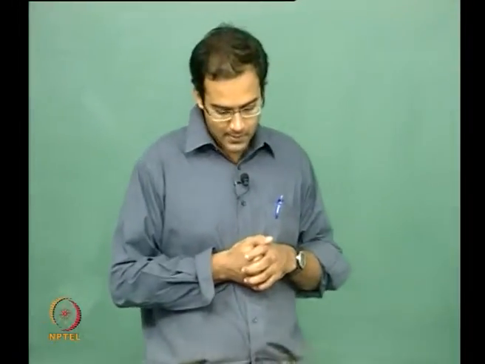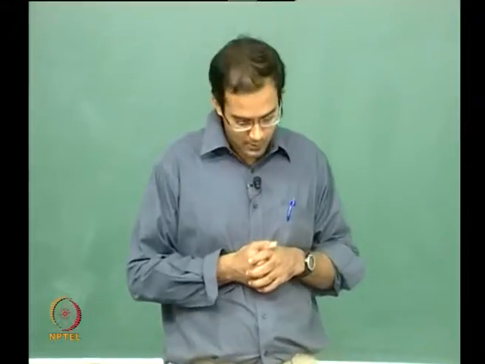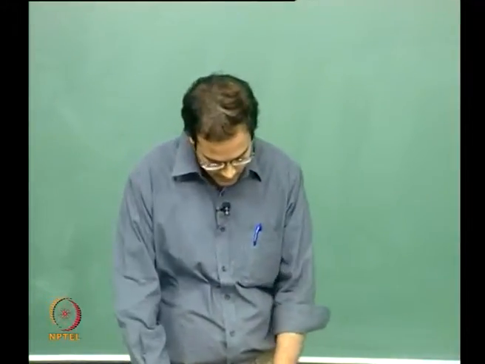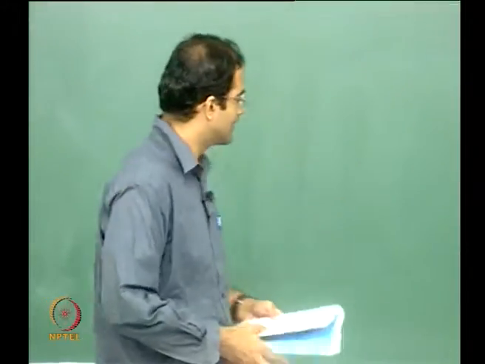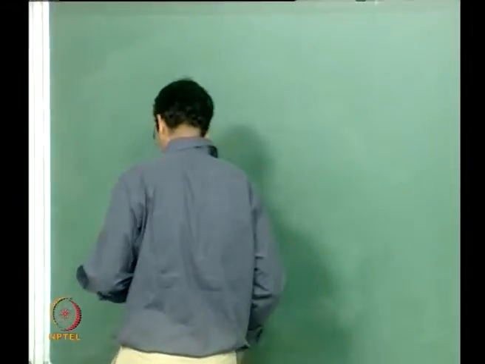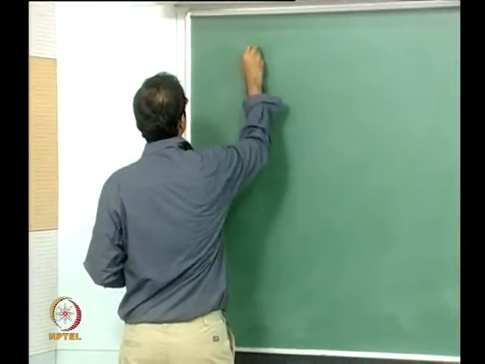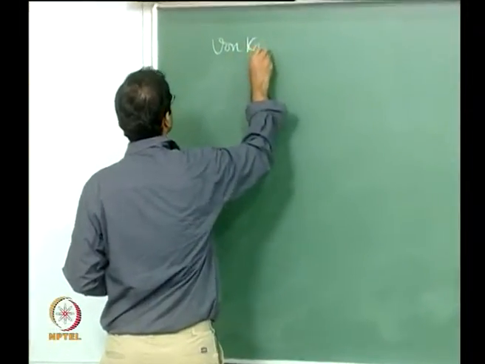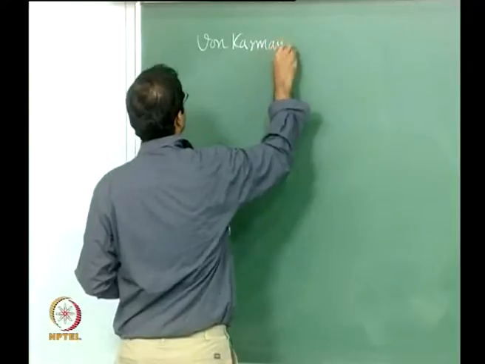And today what we will do is extend these basic approximate methods to also non-Blasius cases, and we will start with a very general solution, which is called the von Karman Polhausen method.